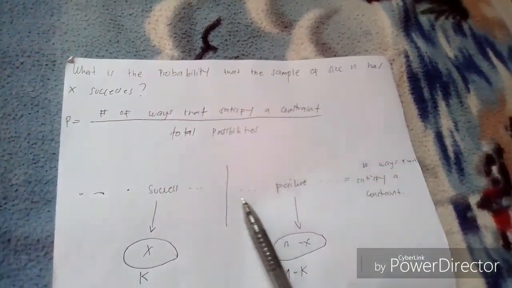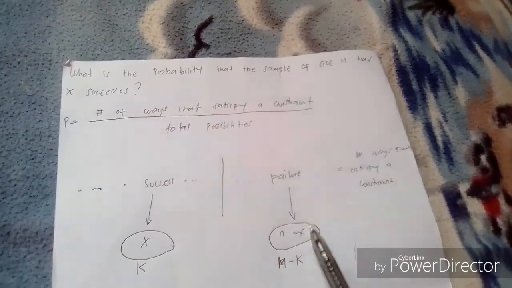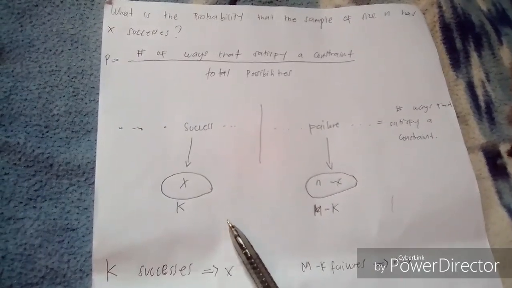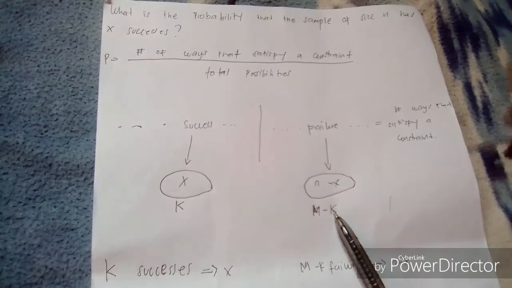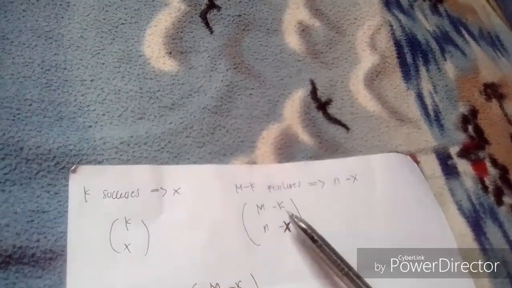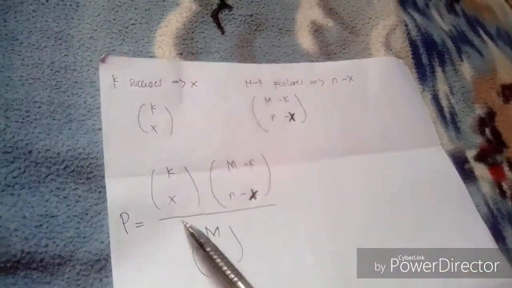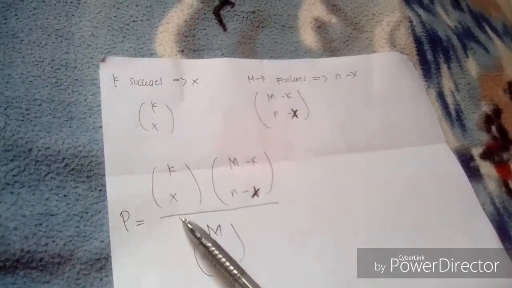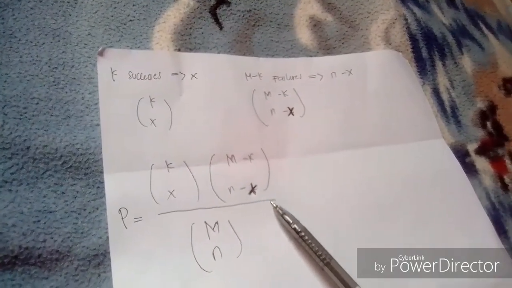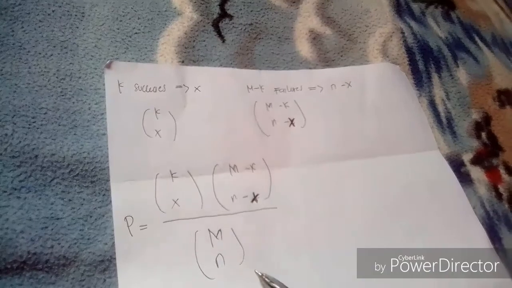If you remember, x successes in a sample is denoted as x, and failures in the sample as n minus x, as well as k successes in the limited population and m minus k failures. So P is equal to K choose X times M minus K choose N minus X, divided by M choose N, which is our total number of possibilities.